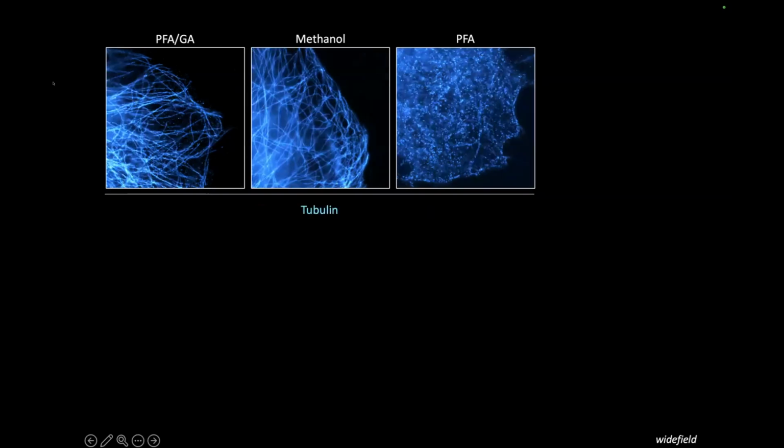For that, we compare the tubulin. You can see that the microtubules are not well preserved in all the conditions. It's extremely poor in PFA after expansion, while it's quite okay in methanol and nice with glutaraldehyde.